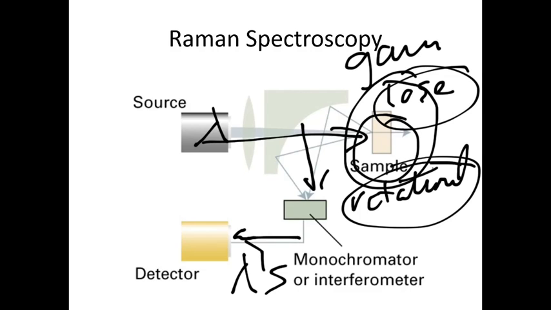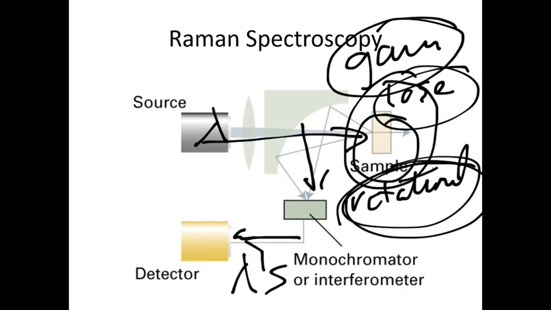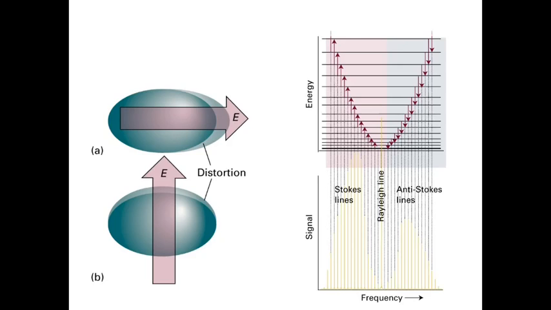If the sample loses rotational energy, the light will gain energy. So we get some wavelengths that are shorter because the light has gained energy, and some wavelengths that are longer because the light has lost energy because the sample has gained energy. And you'll see as we go through here how this is all working out.